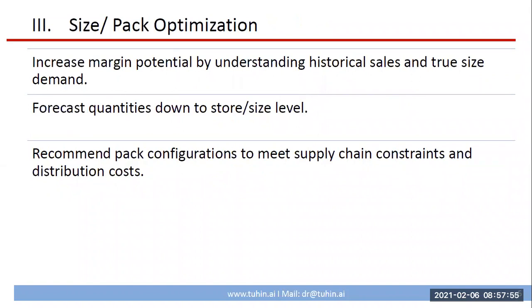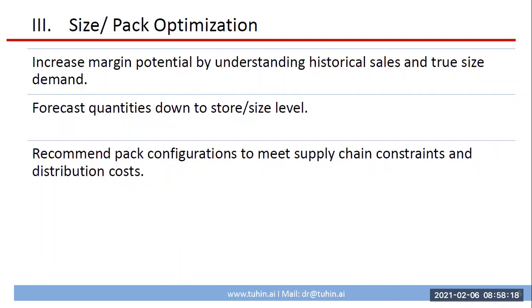Now I shall come to a very important part, the size or pack optimization. Again, generally we tend to stop at doing the demand forecasting, but it's very important, as I mentioned in the beginning, that many times sales are lost because the right size is not found in the store.